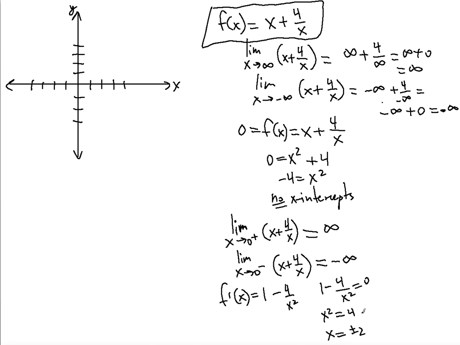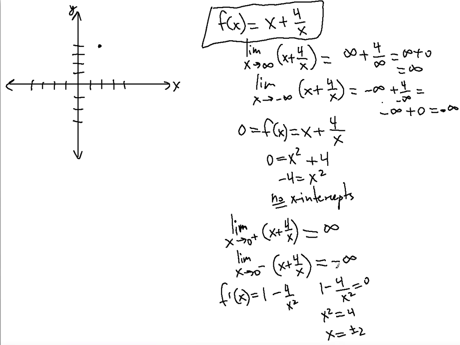We're not sure whether or not it's an inflection point, but let's find the value of the function first at these two points. When x is equal to 2, we get 2 + 2, so that's 4, right? (2, 4) is the point. That's the critical value of the function there.